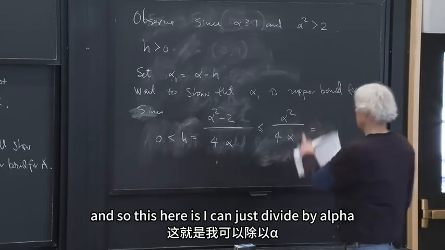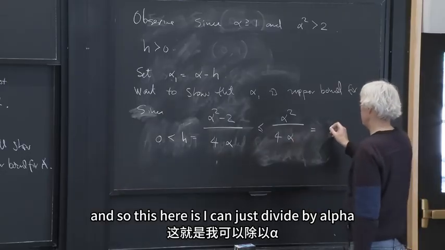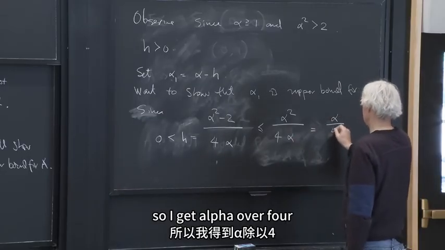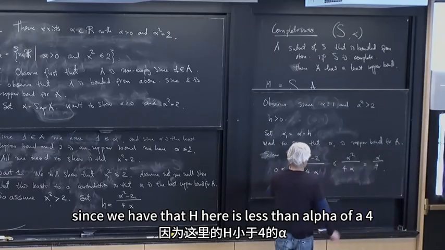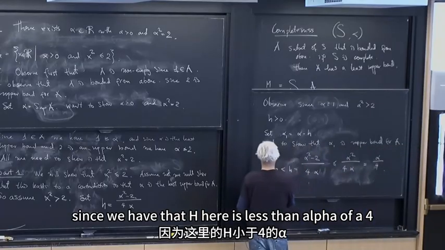And so I can just divide by alpha, so I get alpha over 4.